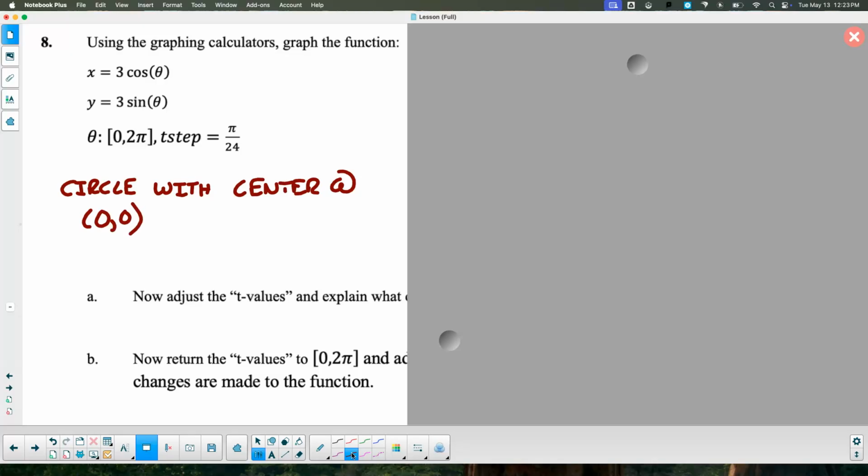What else can you tell me about this circle? The radius is 3. Okay. And we can tell all of that just from the equation. Since the coefficient of the trig functions was the same, it's a circle.